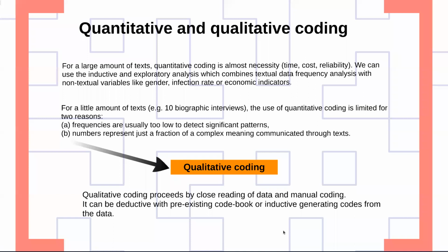No, it's manual coding. It means that we read the data and code each instance one by one. And as in quantitative coding, we can use both deductive and inductive coding. It means that we can rely on pre-existing code books, or we can generate codes from our data.